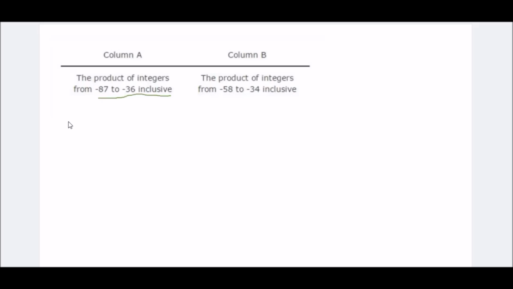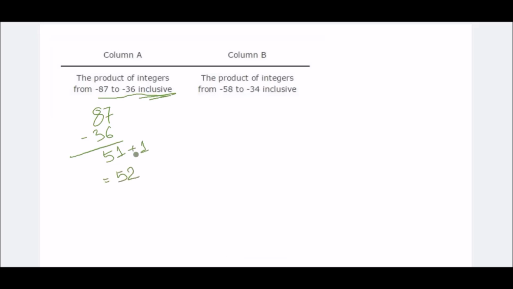First we have to find the number of integers from minus 87 to minus 36. So 87 subtract 36, the number of integers will be 51. But inclusive is given, so we have to add one more value.